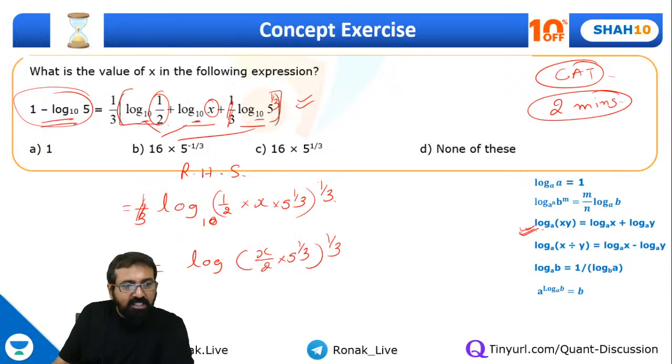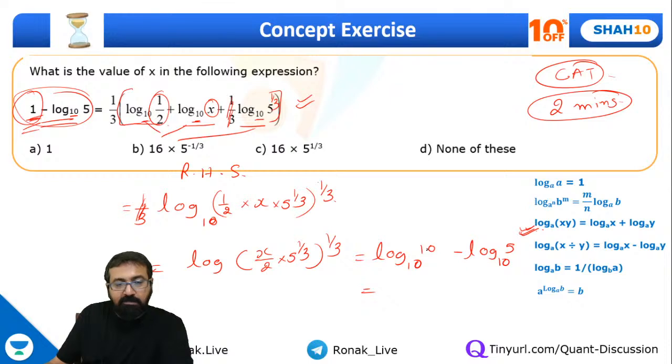Now I'm taking the left hand side. This one is nothing but log of 10 with base 10. Why am I doing it? Because there is a base 10 over here, so I want log with base 10 on this side too. I can write this 1 as log of 10 with base 10 minus log of 5 with base 10. This part can be combined.